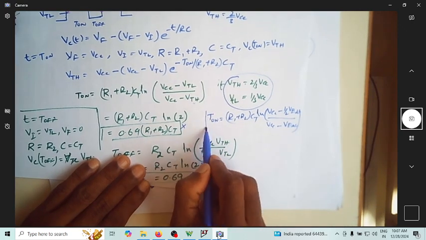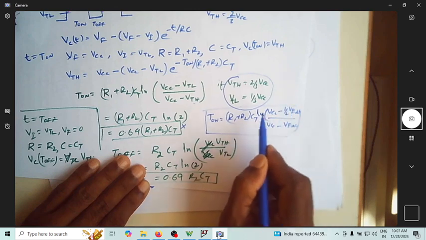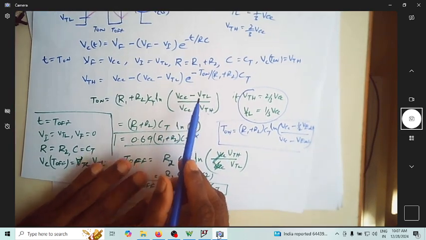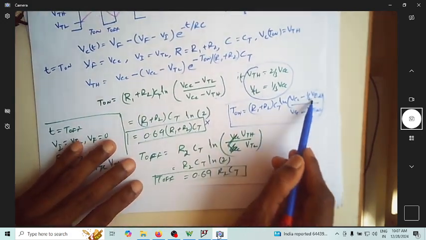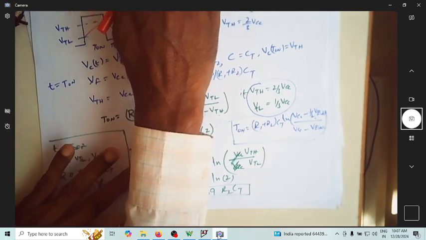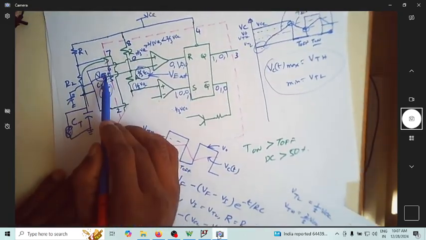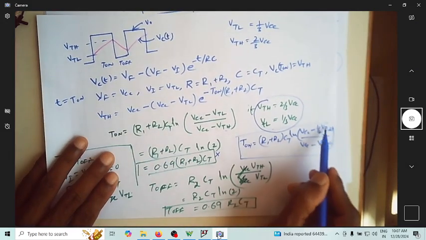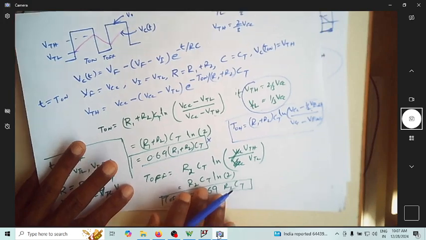This is the expression for your on time whenever you replace the control voltage by an external voltage. If you're not connecting anything over here, then it is 0.69 only.